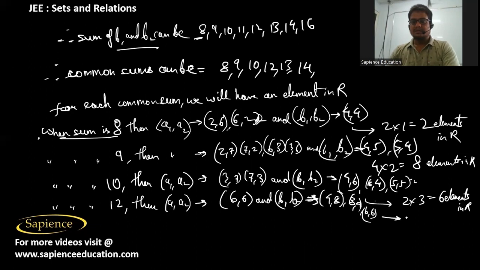So here the number of elements in the relation, that can be 2 into, no, sorry, this is 1 into 3, that is equal to 3 elements in the relation R.